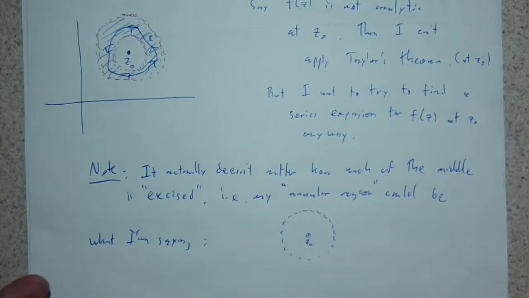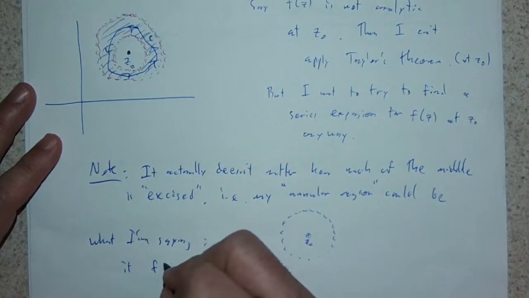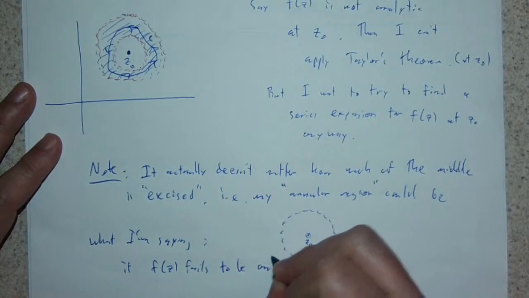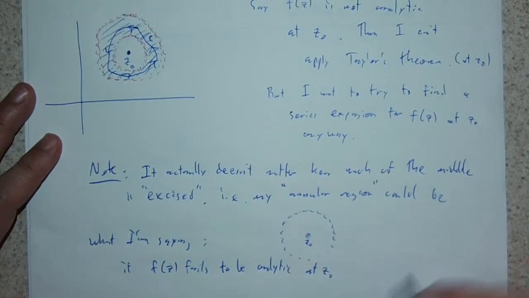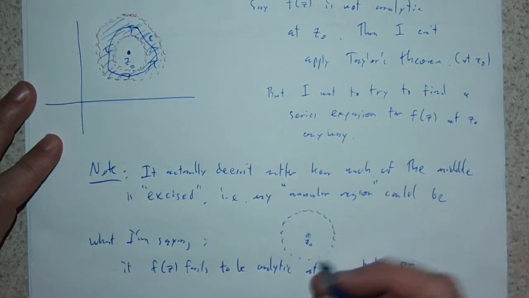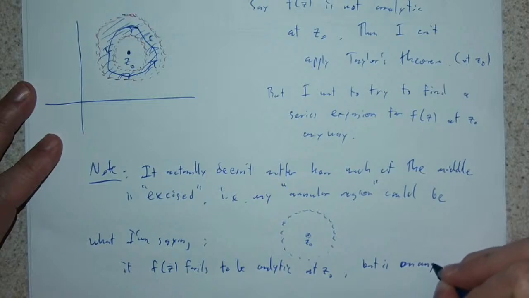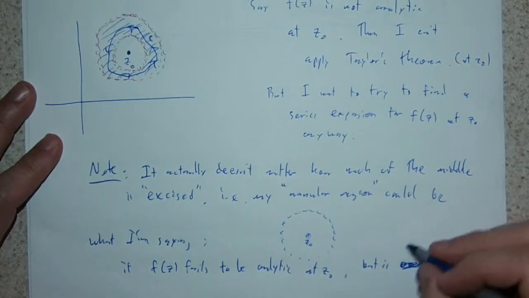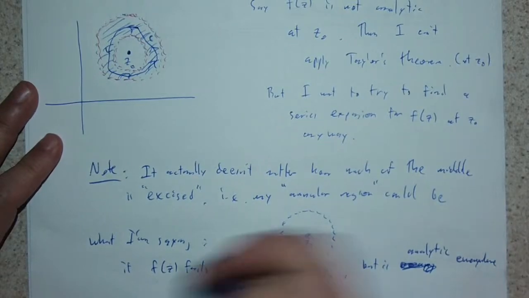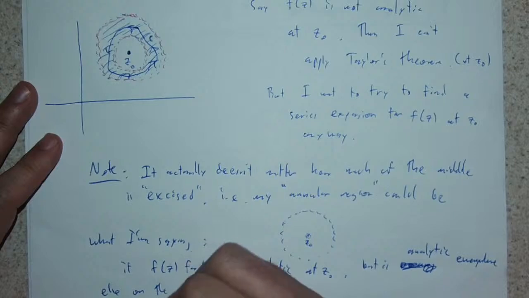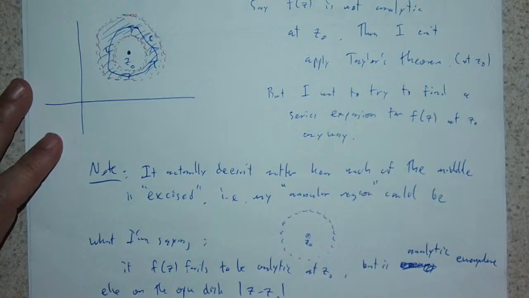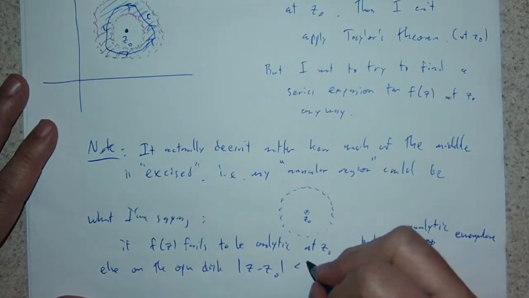Well, what I'm saying is that if f of z fails to be analytic at z0, but is analytic everywhere else on the open disk centered at z0 of radius r sub 2.